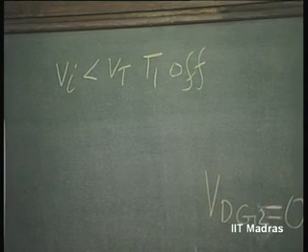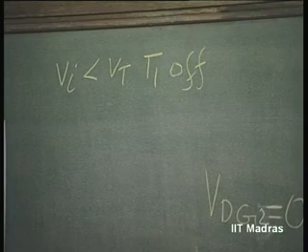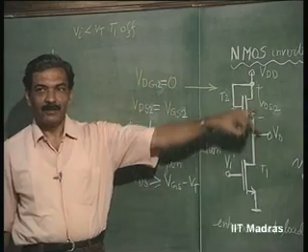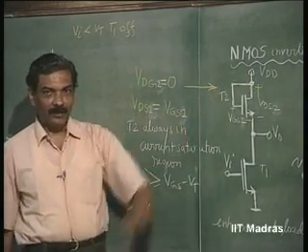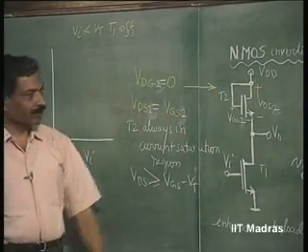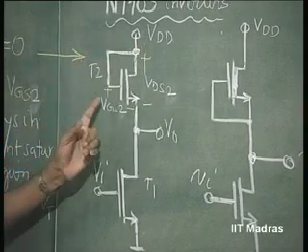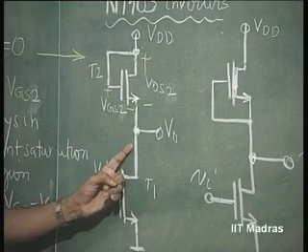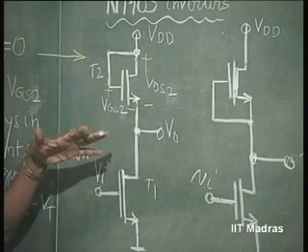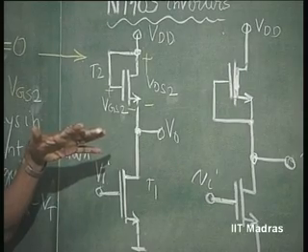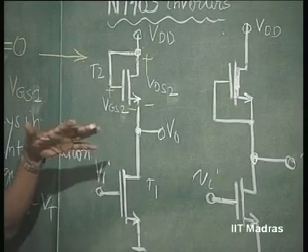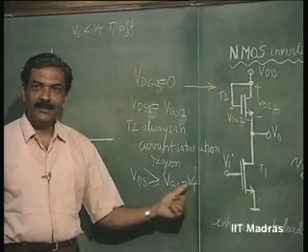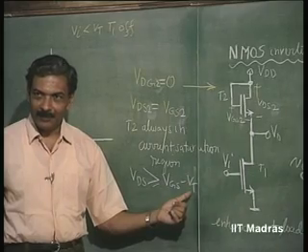Right. So, V naught is going to be equal to, now that is important, V naught is going to be equal to VDD minus VGS2. VGS2 should be hovering around Vt even when current is 0, that is when VGS2 is equal to Vt, current is 0. So, that is a valid operating point.